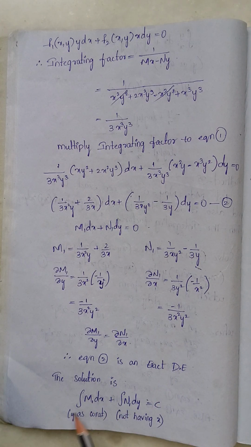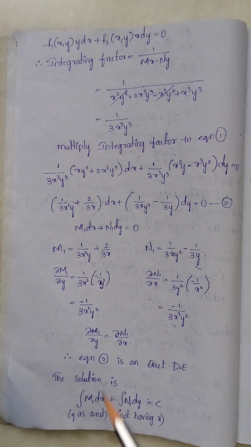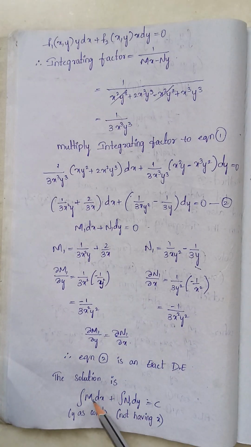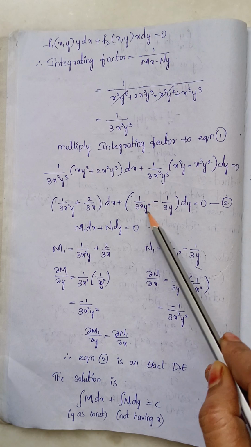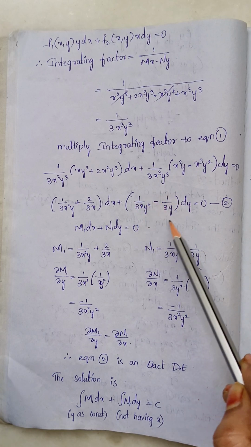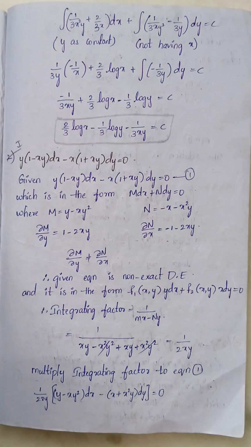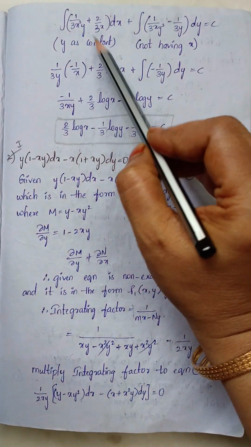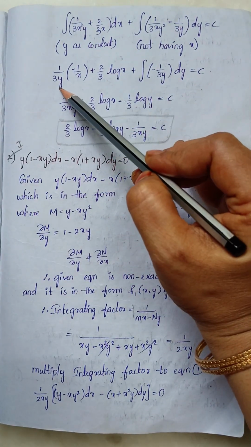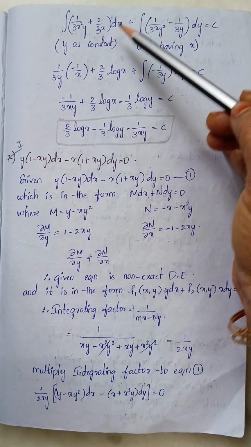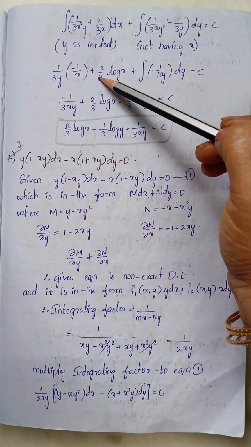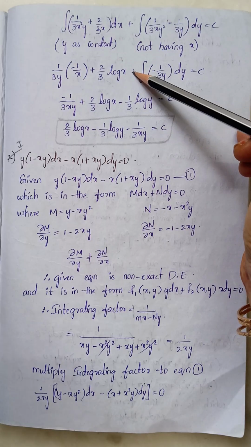Then the solution will be the integral of M1 dx where y is constant, plus the integral of N1 dy of only those terms not having x. So M we take as it is, and which terms are not having x: here we have an x term, that's why we should not take it, only we should take -1/(3y). Here y is constant, so 1/y is constant as it is, 1/(3y) as it is, and the integration of 1/x² is -1/x. Now 2/3 is constant, and the integration of 1/x is log|x|.